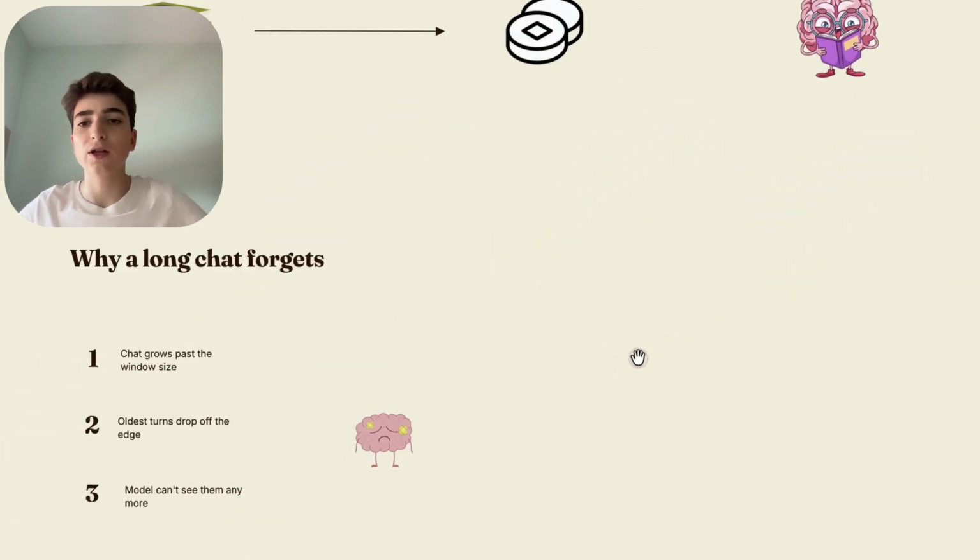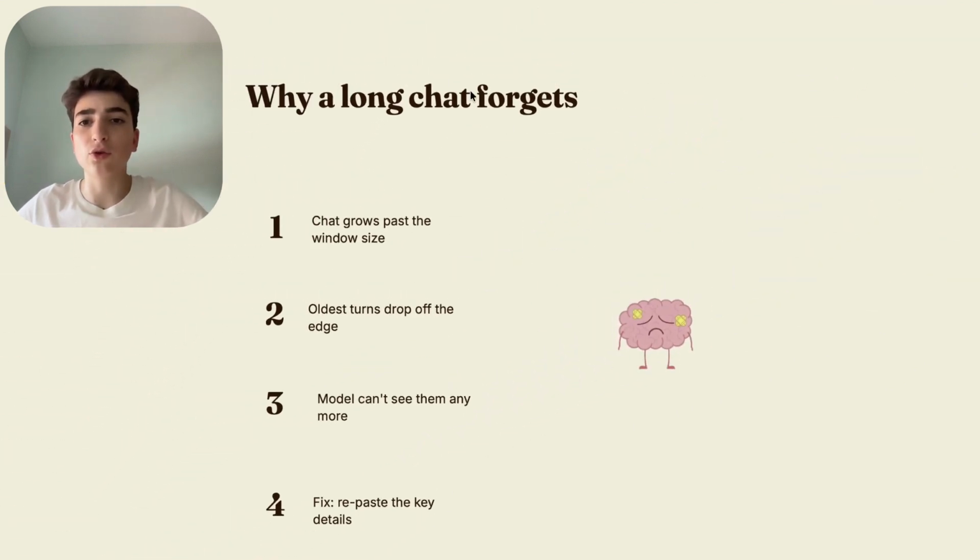So now we are going to look at why a long chat forgets, because maybe you have already tried and burned all the context window, and then it starts forgetting things you said at the beginning and you get frustrated. So why does a long chat forget?